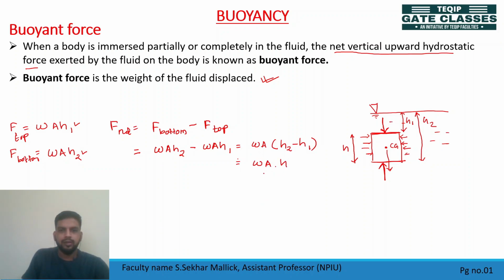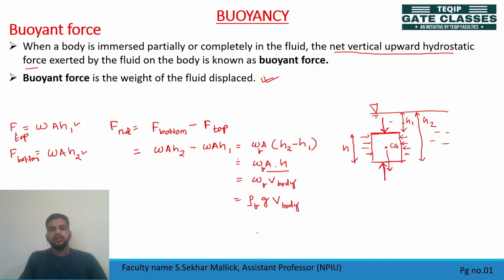What is this a into h? Area into height is the volume of this body. So this is omega of fluid into volume of body, or rho of fluid, g and volume of body.